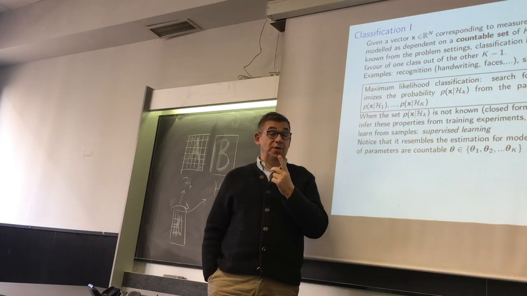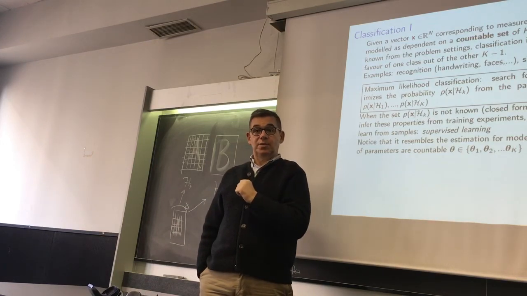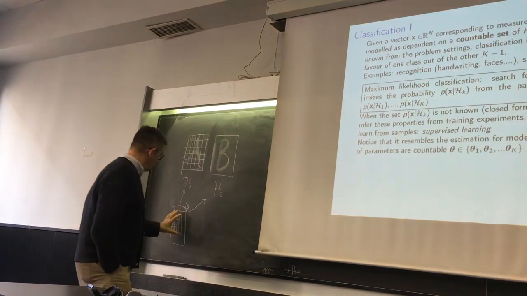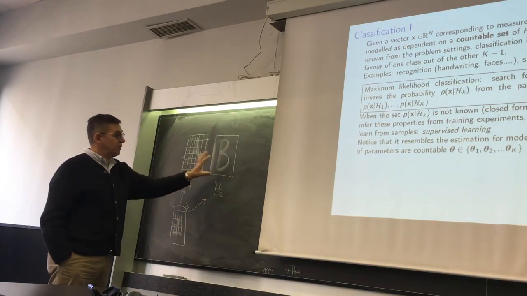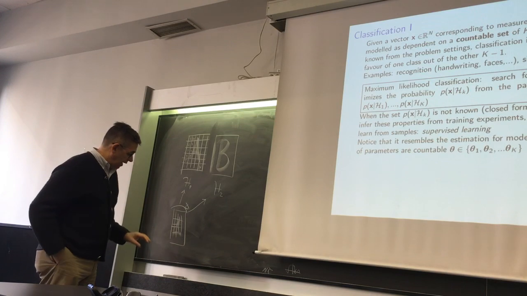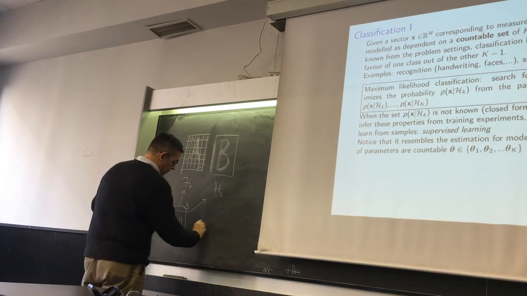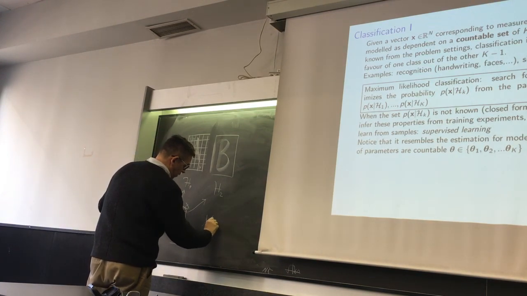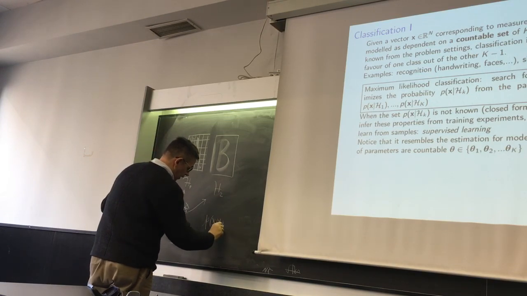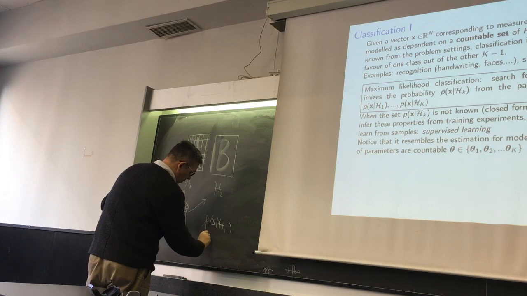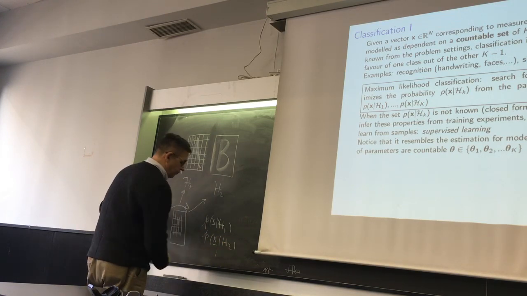Maximum likelihood classification means that, given x, I can calculate the likelihood of each class, which means I can calculate the probability of the data with respect to H1, the probability of X with respect to H2, and so on.